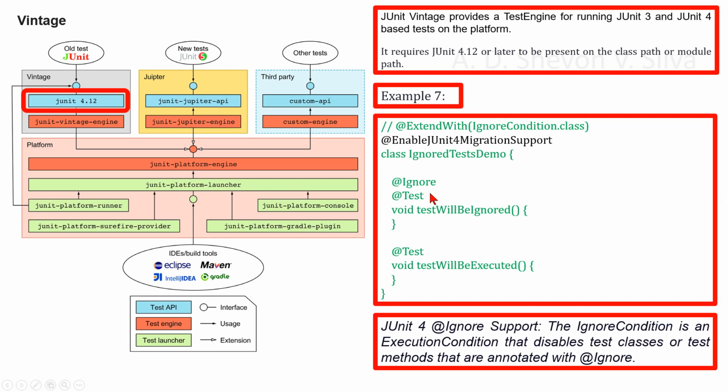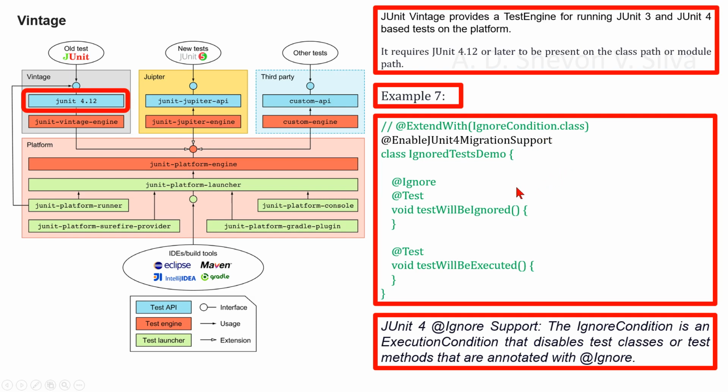To use @Ignore with JUnit Jupiter based tests, configure the test dependency on the JUnit Jupiter migration support module in your build, and then annotate your class with @ExtendWith(IgnoreCondition.class).